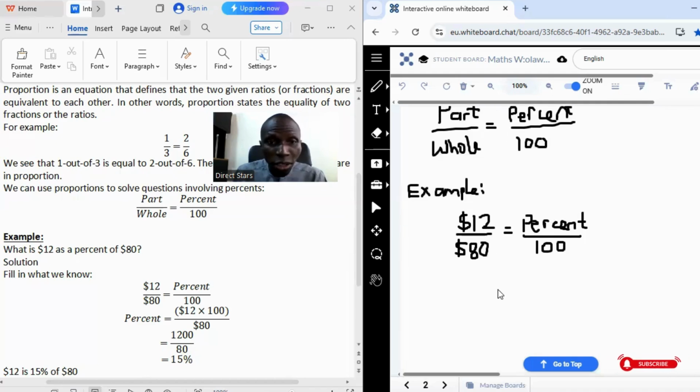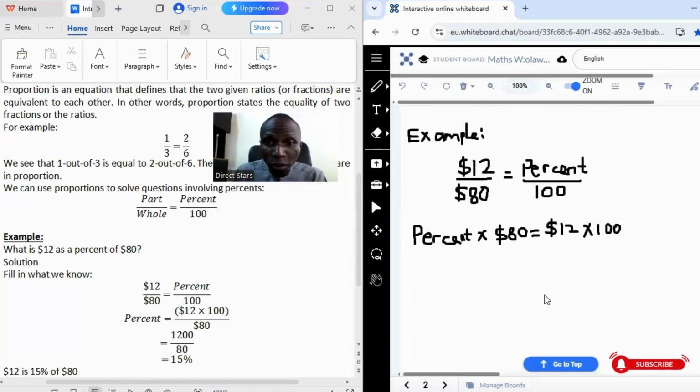So what we have to do here is to cross multiply. So we're going to multiply percent multiplied by $80, which is equal to $12 multiplied by 100.